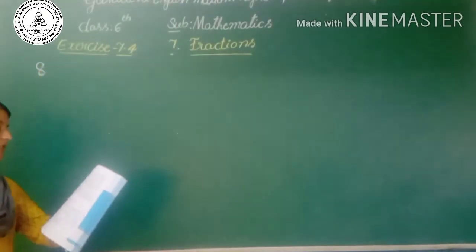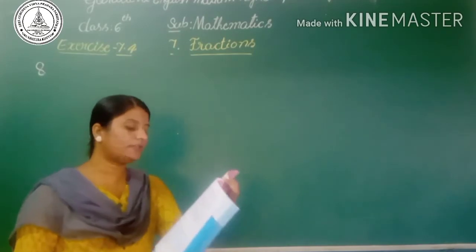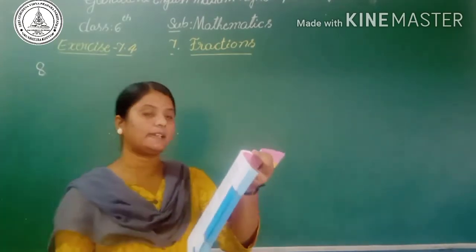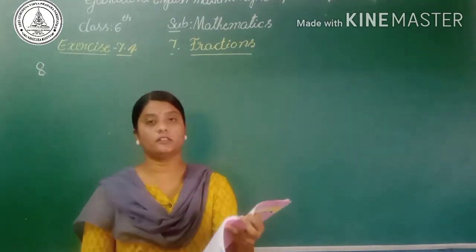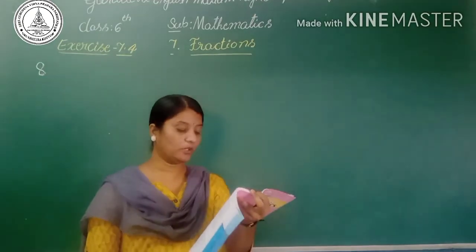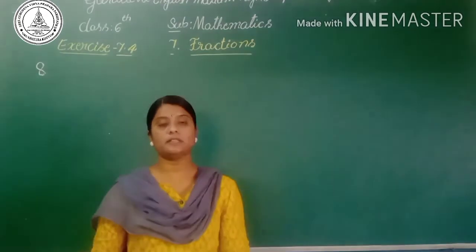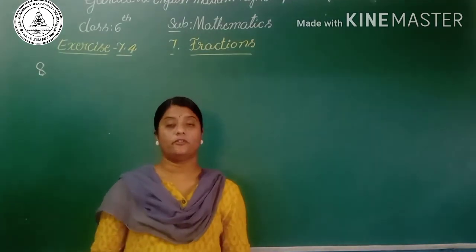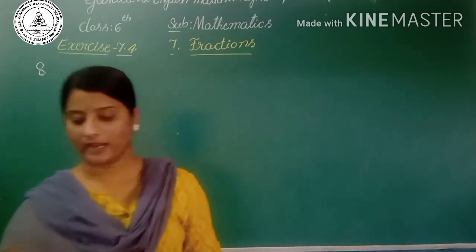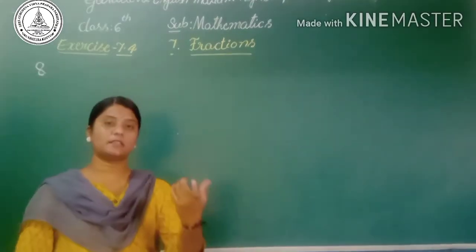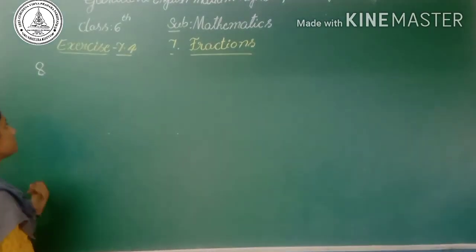First we have to write the fractions of those two members. Then we have to check who read less, which fraction is lesser, means who read the less number of pages. First write here.